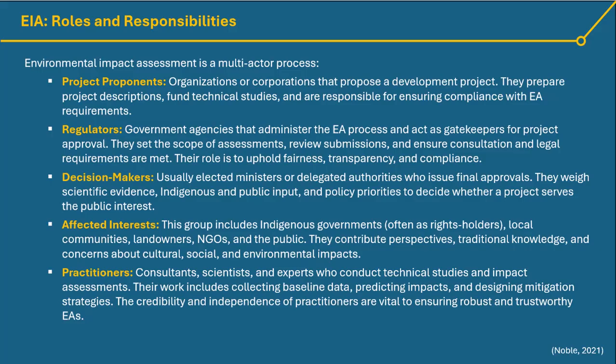And it's these groups that are going to bring forward concerns, whether it's about salmon habitat, cultural sites, hunting practices, or just how a project will affect their daily life. Now, their involvement is critical for a fair and legitimate process. But at the same time, that's only going to work if they actually have the time or the resources and access to be meaningfully involved, which, as we'll discuss later in this course, is really not always the case.